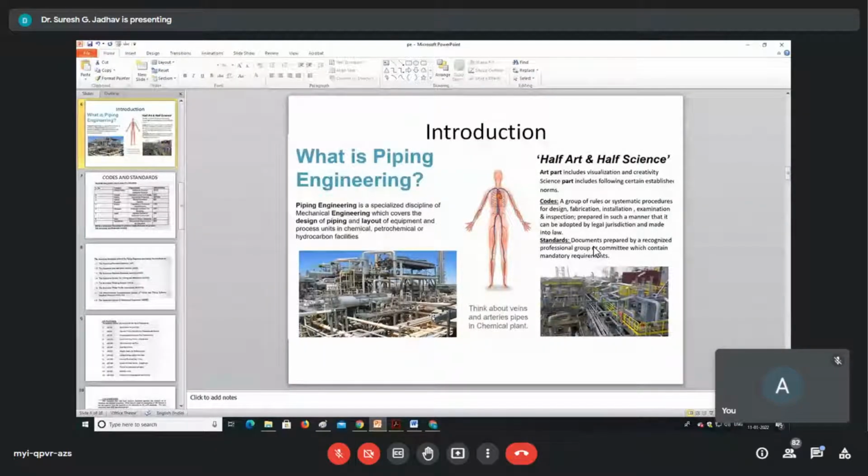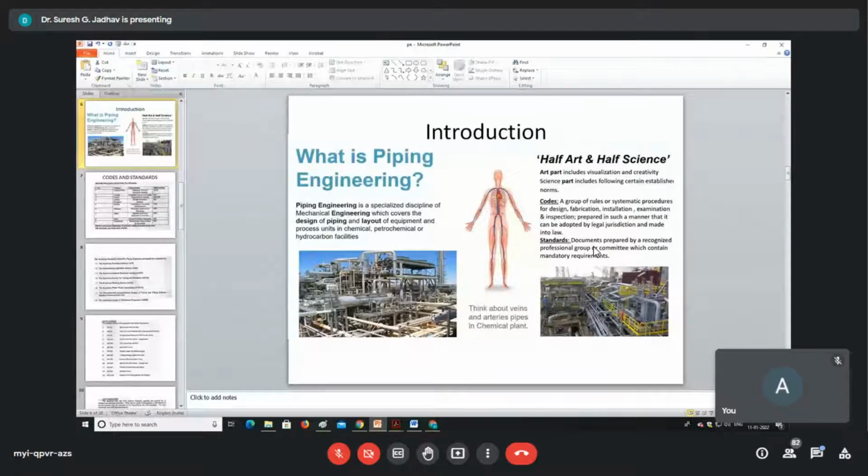A background in math is beneficial to an aspiring piping engineer. So this is all about the basics, skills and backgrounds of piping engineers.